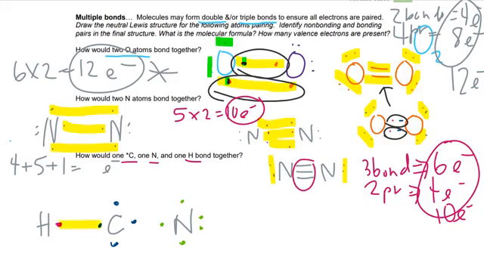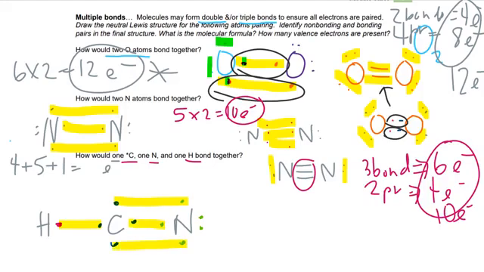So we can do this. We can have my hydrogen bond to carbon there, and then we can see that there are 3 electrons in carbon that need to be bonded and 3 in nitrogen. So we can just do this, 1, 2, 3.